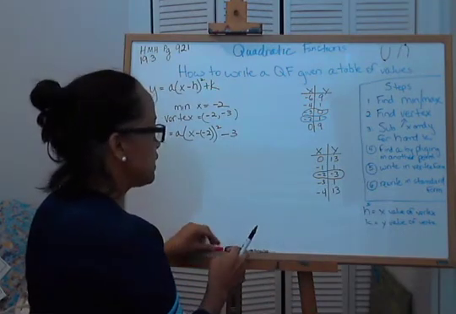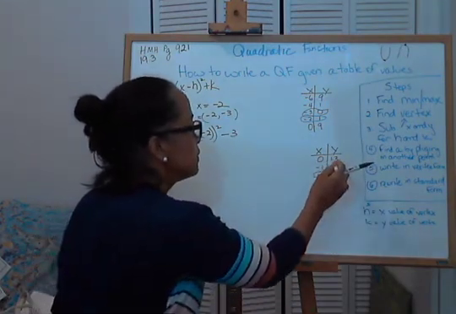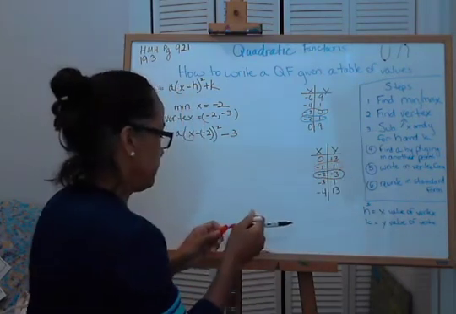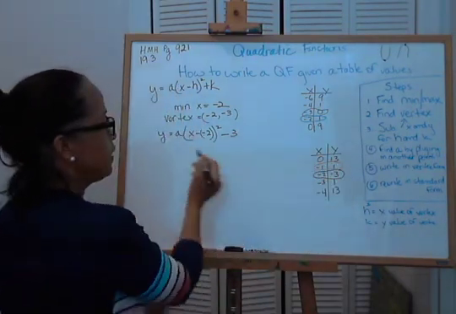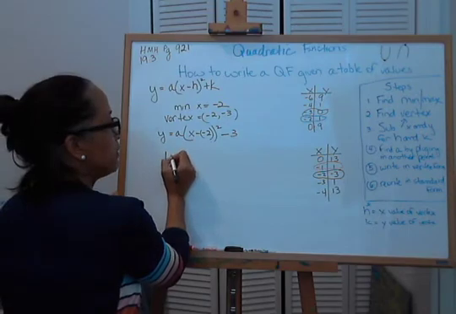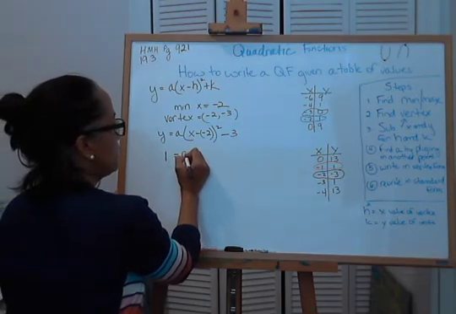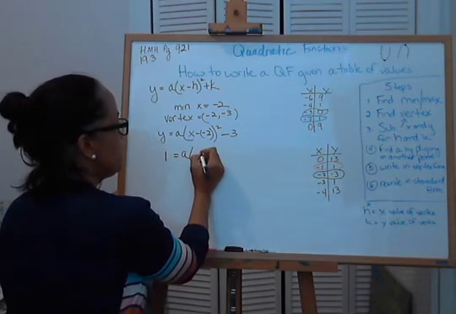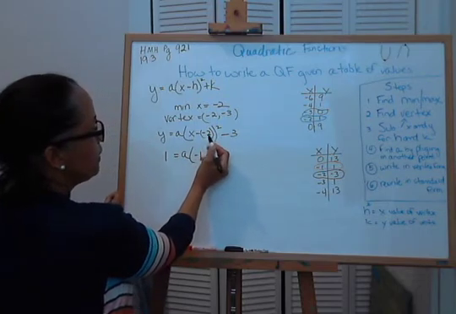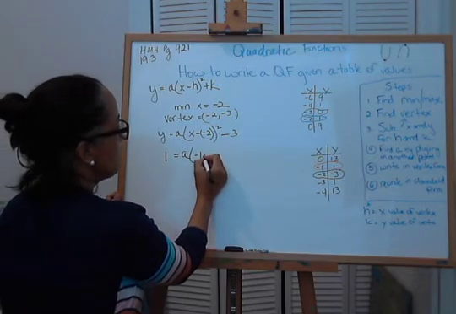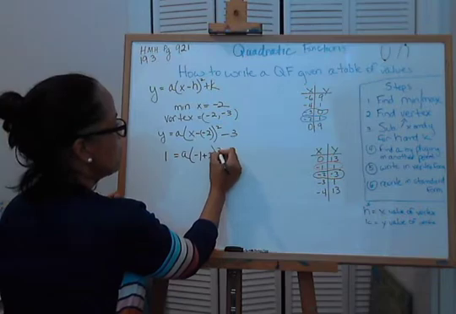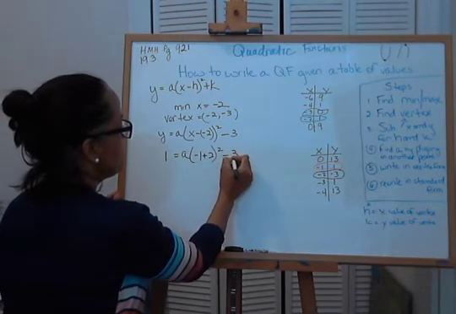As I always say, I love small numbers, so I'm going to use this point here. So here y is 1. It's equal to a times (x is -1, minus -2 means this is +2 here) squared, minus 3. Now I can solve this.